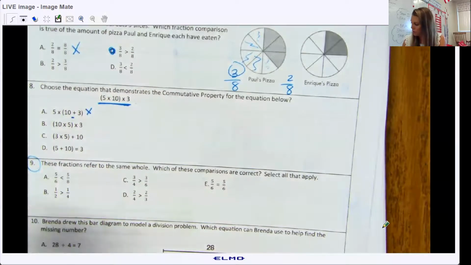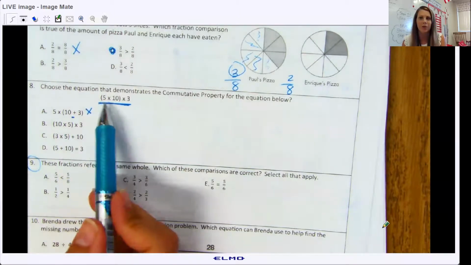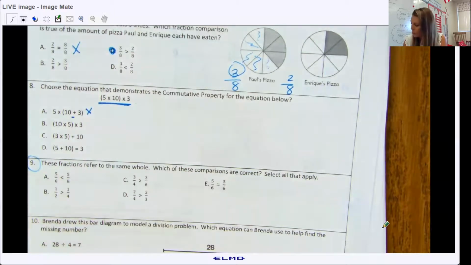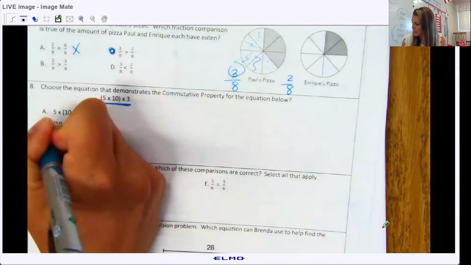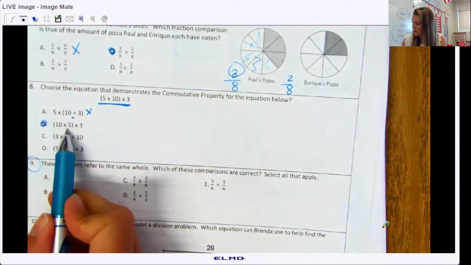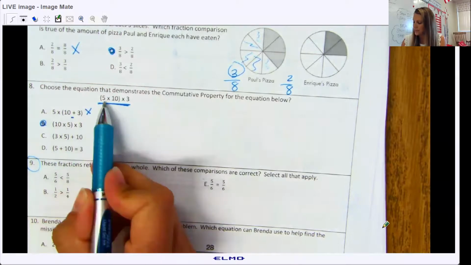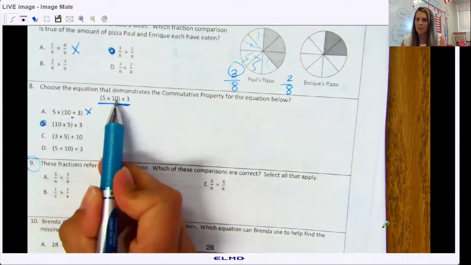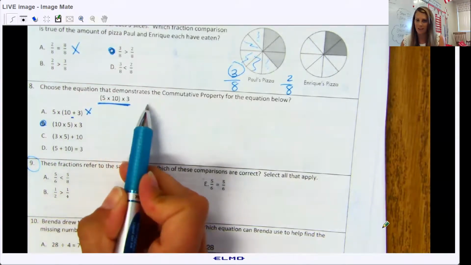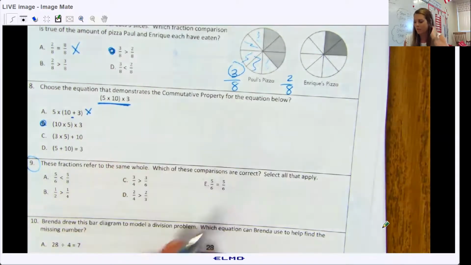Because if you look at all of these, they all have the same three numbers, but which one has the same symbols? You should have picked B. 10 times 5 times 3 is the same as 5 times 10 times 3, right? We just flip-flopped it around.